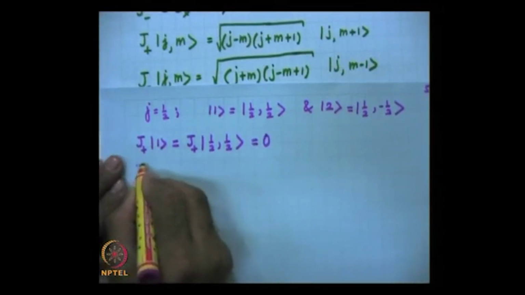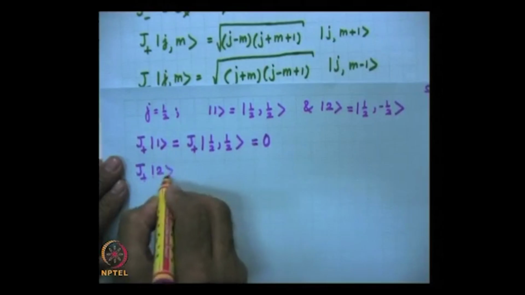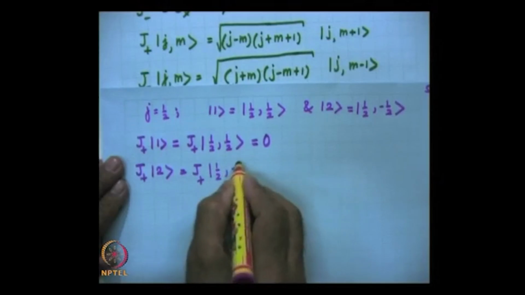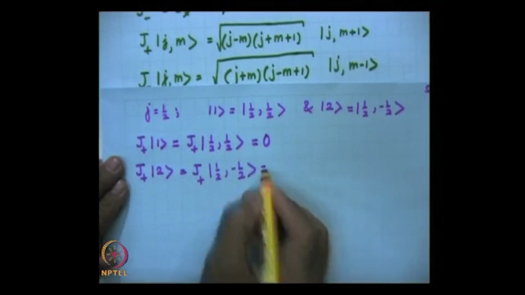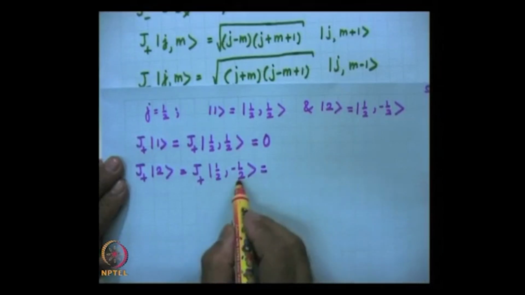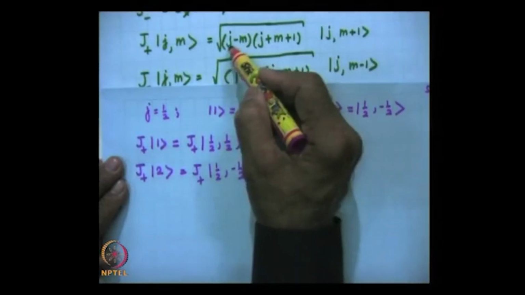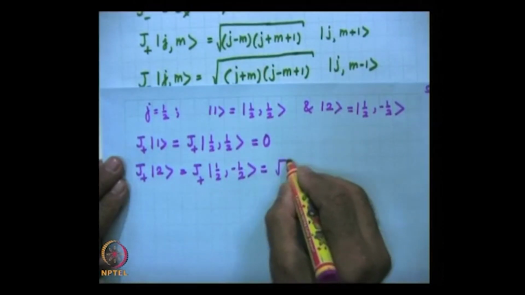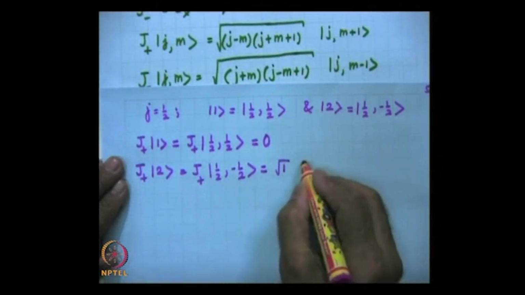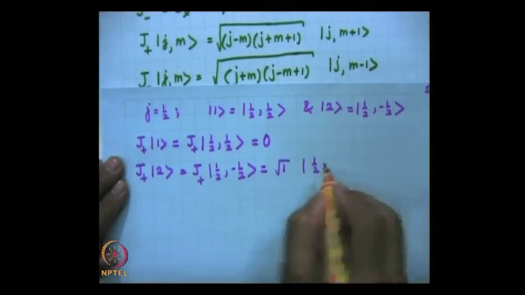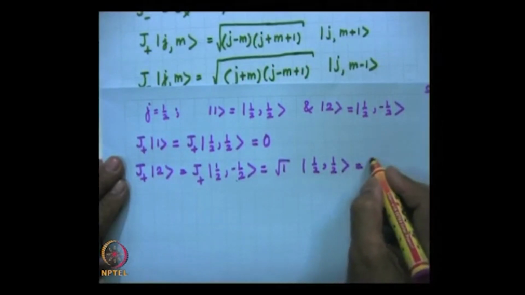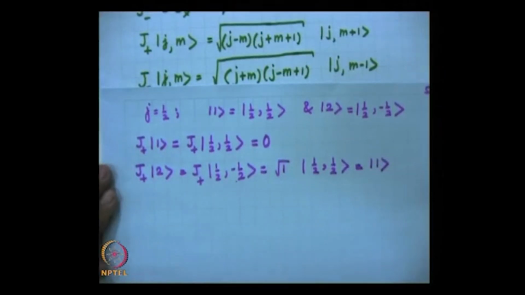Similarly, J plus ket 2 will be equal to J plus ket half minus half. So, m is minus half. Half minus half, that is plus half, half plus half is 1, so this is square root of 1, and this will be half m plus 1, that is half. Square root of 1 is 1. So, this is ket 1. I hope this is clear.